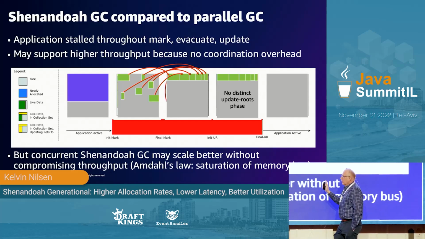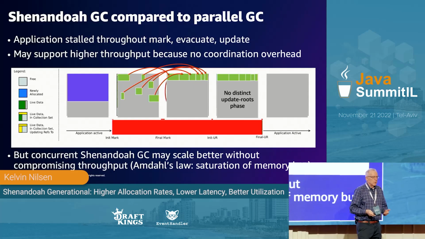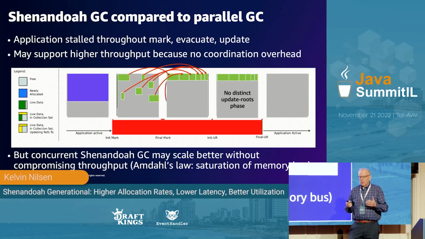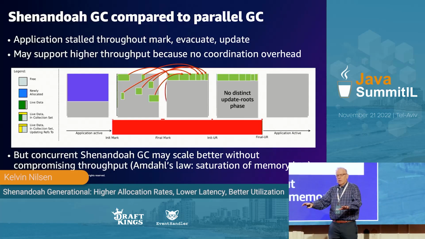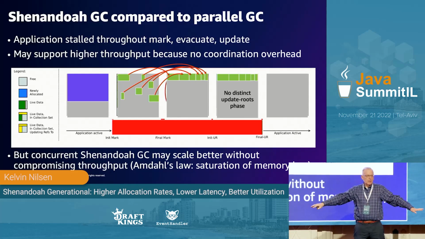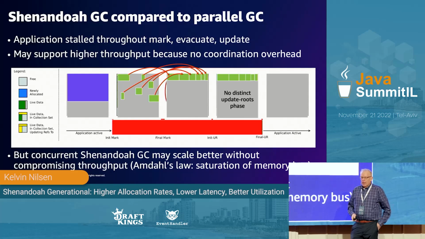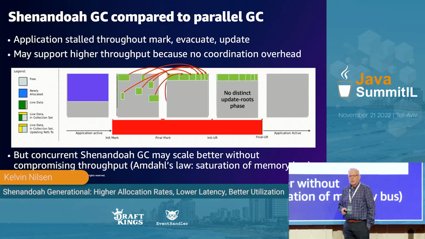On the other hand, Shenandoah can run more efficiently if you have large numbers of cores, because garbage collection is not so much benefited by caches. The garbage collector is very non-localized. It has to traverse the entire heap, and it does it in a random order. And the caches can't help garbage collection as much as they can help typical application code.